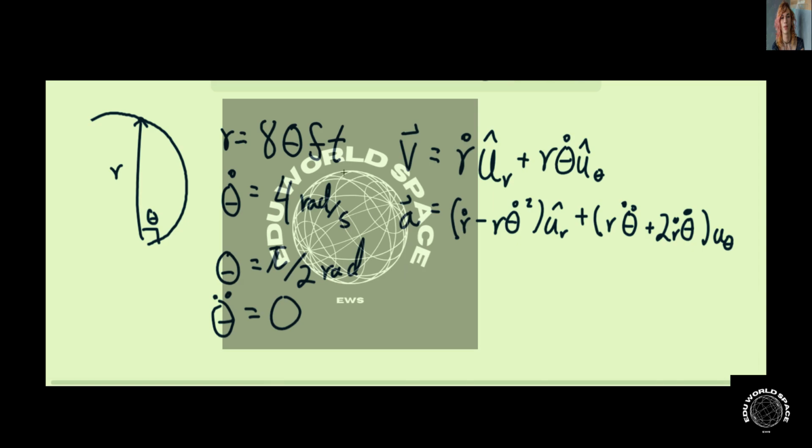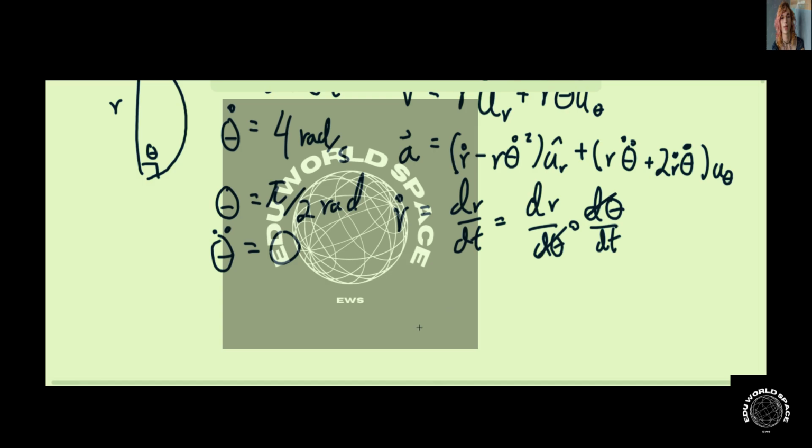For r dot, this is a little trickier. R dot is dr dt, and we have r of theta, so we could find dr d theta, and we have d theta dt. So these would actually be equal because the d thetas would cancel, so that would give us dr dt.